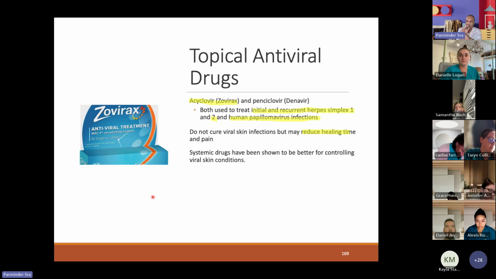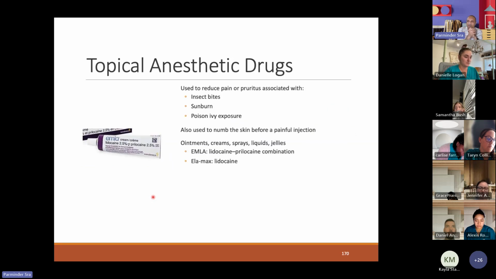So everybody clear about this drug? Acyclovir, drug of choice for HSV1, HSV2, and educating the patient that it's not going to cure your condition. It will cut off the duration of your sickness. Right. Now, next are your topical anesthetic drugs.